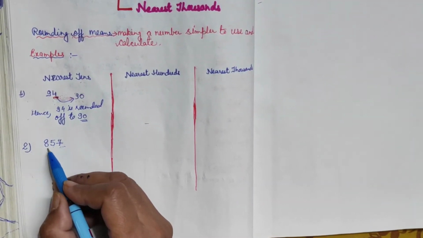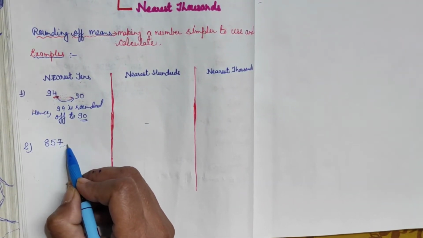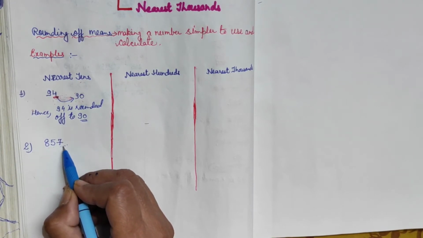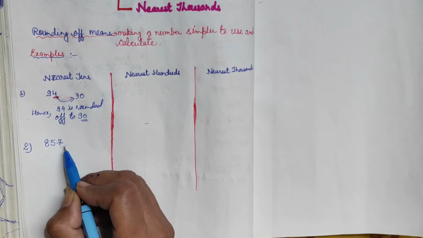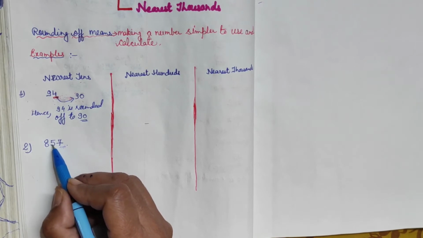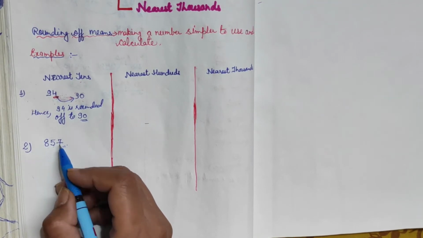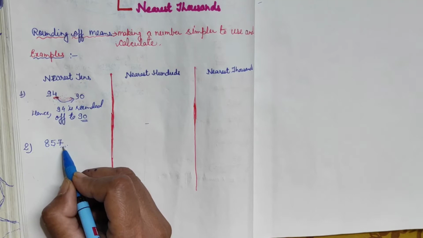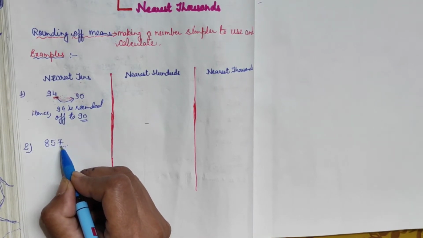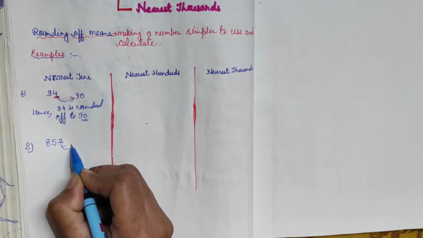Example 2: 857. If the digit at the ones place is equal to or more than 5, replace the ones digit by 0 and increase the tens digit by 1. Here at ones place we see the digit 7, which is more than 5.